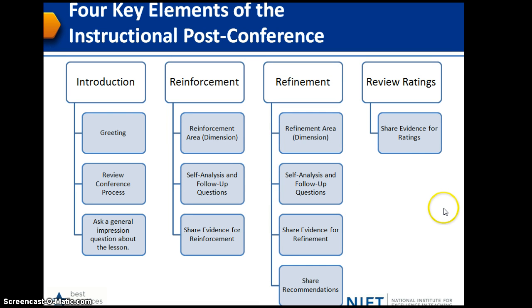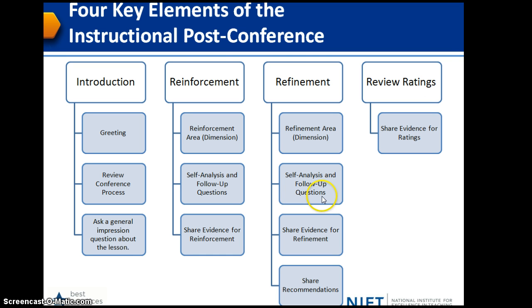And this is how the post-conference will work. They've actually given us a layout. You have an introduction, then a greeting. Hi, how are you? They'll review this process with you, and then they'll ask you a general impression question about the lesson. Then they're going to find an area that you did well on, a reinforcement area. They're going to tell you what that dimension is. They're going to ask you some follow-up questions, and they're going to share their evidence for why they picked that. They will also have a refinement piece, where they will talk to you about an area that they want you to work on, a refinement area.